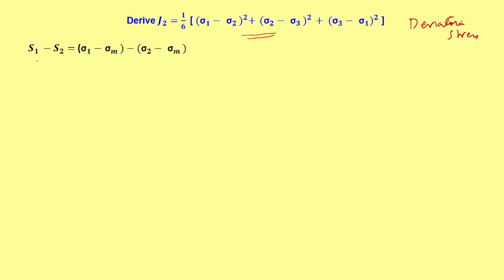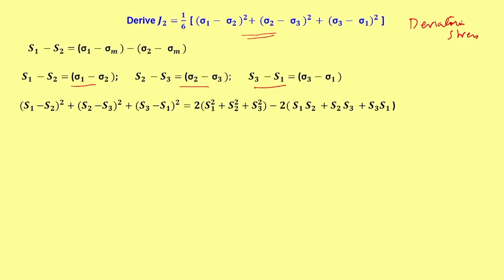Let us first see what is S1 minus S2, which is equal to sigma 1 minus sigma m minus sigma 2 minus sigma m. So, this will give us S1 minus S2 is equal to sigma 1 minus sigma 2, S2 minus S3 is sigma 2 minus sigma 3, S3 minus S1 is sigma 3 minus sigma 1.